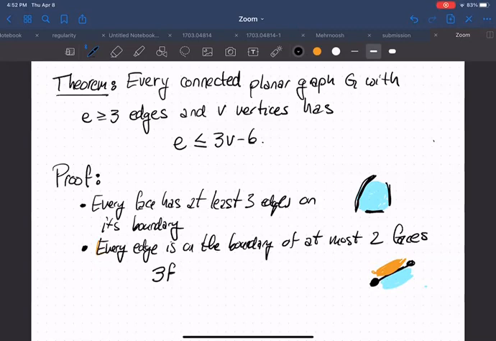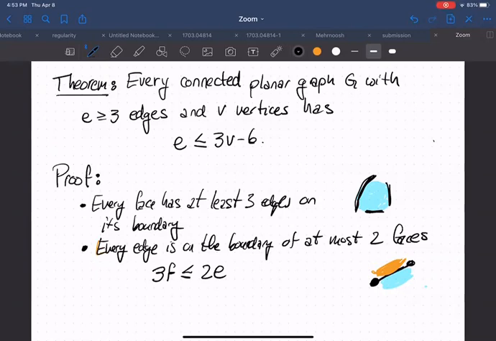And the other thing talks about each edge being on at most 2 faces. So the first statement is something about 3F, and the second statement is something about 2E, twice the number of edges. And what they're telling you is that 3 times the number of faces cannot be more than twice the number of edges.